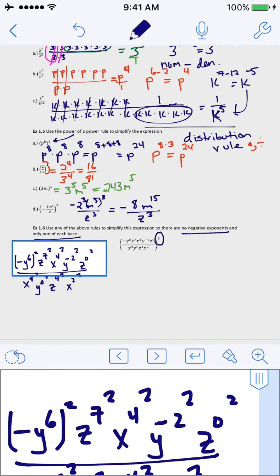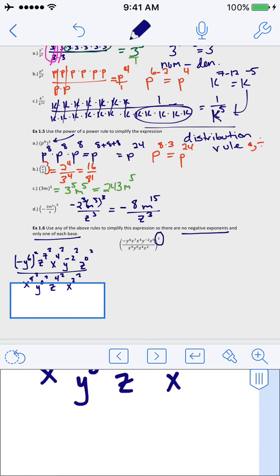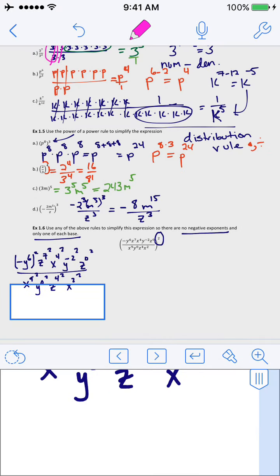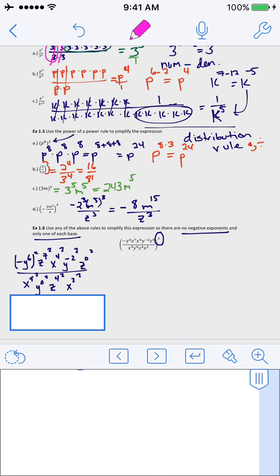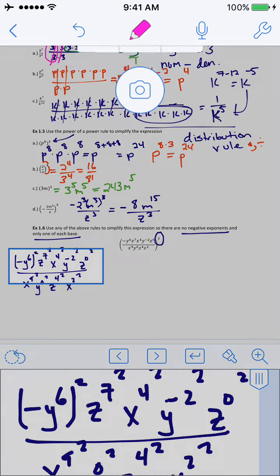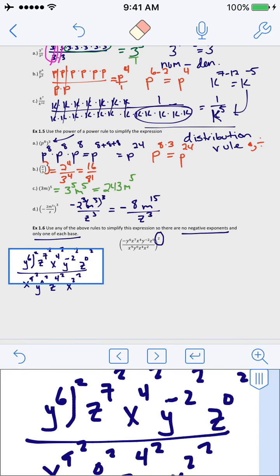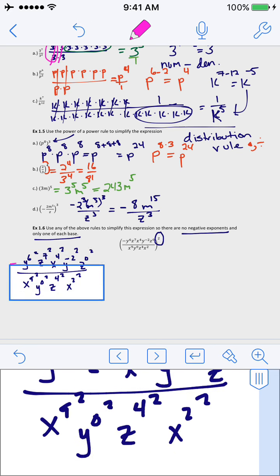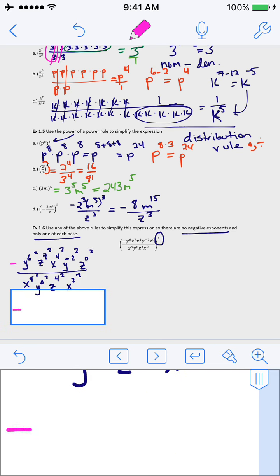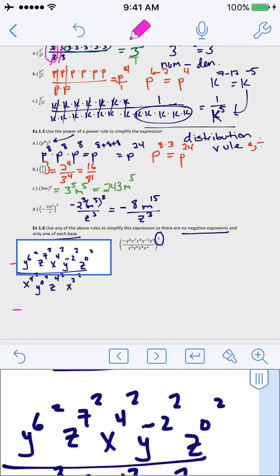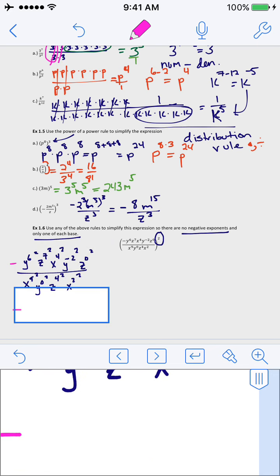Now I've got a whole bunch of power of a power rule, so let's do that. Sorry, this negative is not in there. I shouldn't have drawn parentheses around that. The negative should have just been on the outside. So here we've got negative y to the 6th to the 2nd, which is y to the 12th.